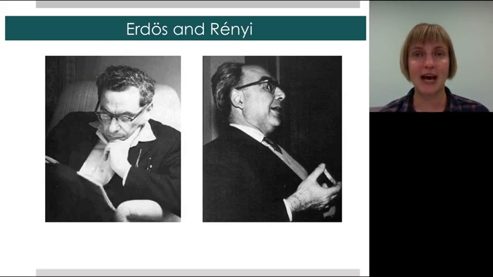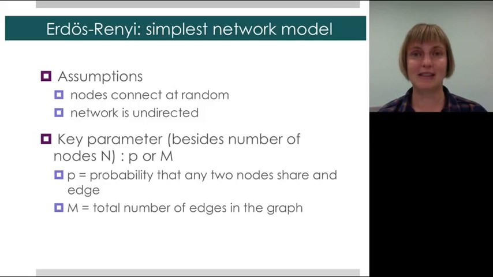Now, let's look at what the assumptions of this model are. They're very few. It's just going to be that the nodes are going to connect at random, so any two nodes in the network are equally likely to connect. The network is going to be undirected, so unlike the dining table partners where you had one girl picking another as her favorite, but this not being reciprocated, here the edges are undirected.